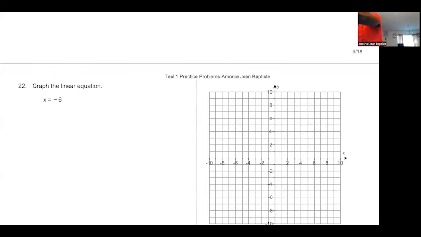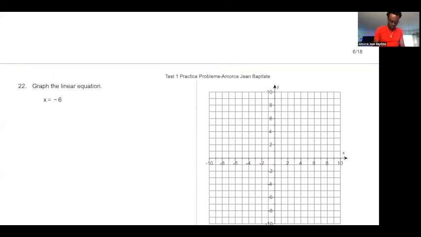Now, what happens is, if your equation misses one variable, you need to remember that.